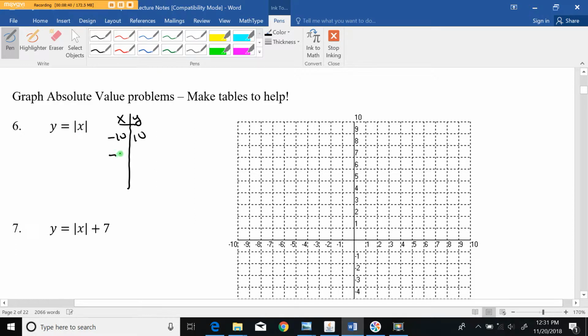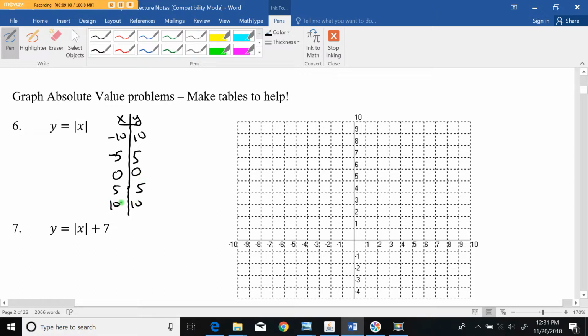How about, let's see, what if x is negative 5? Run that through here, absolute value of it, y will now be 5. If x is 0, y will be 0. If x is 5, y will be 5. If x is 10, y will be 10.